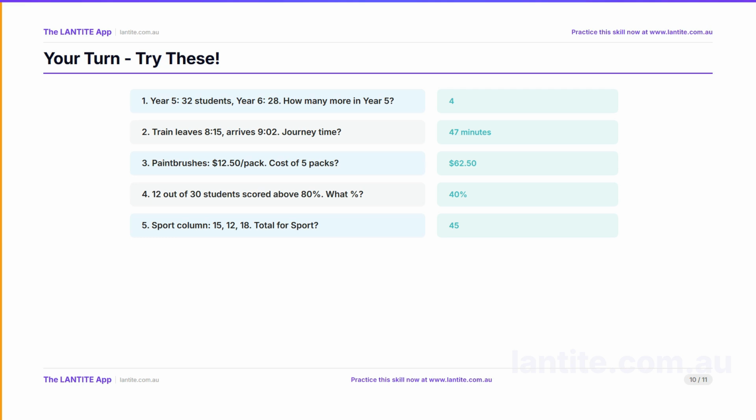Problem 3. Paintbrushes cost $12.50 per pack. What do 5 packs cost? Problem 4. 12 out of 30 students scored above 80%. What percentage is that? And problem 5. In a two-way table, the sport column shows 15, 12, and 18. What is the total for sport? Check your answers on screen.